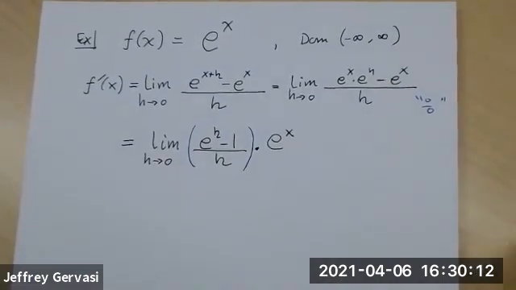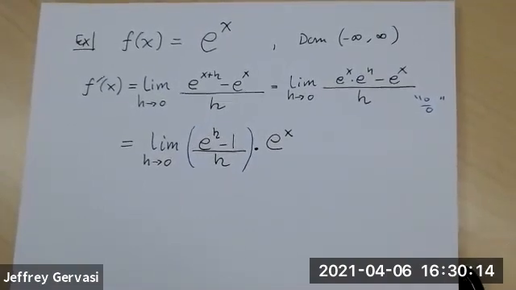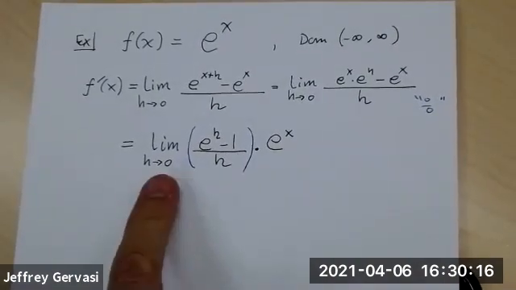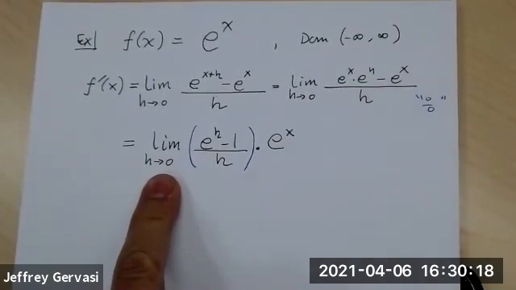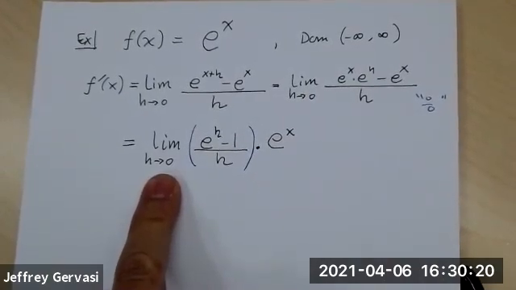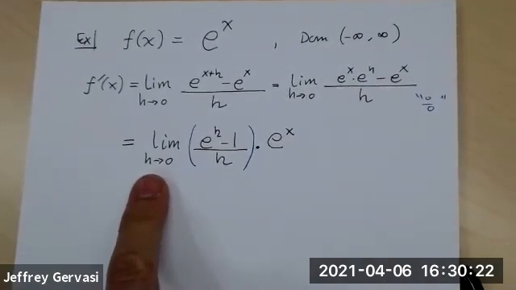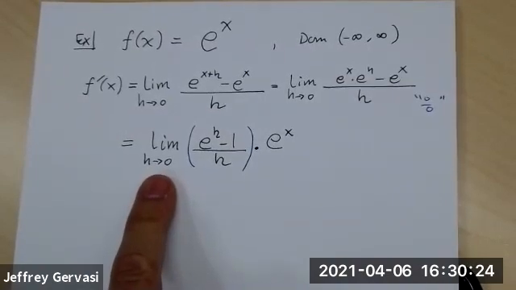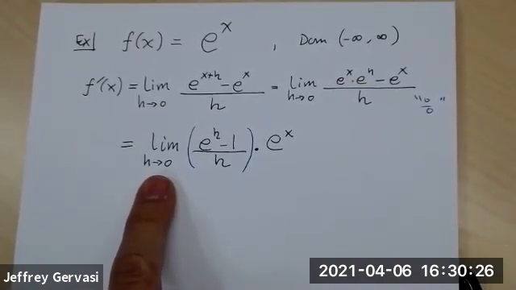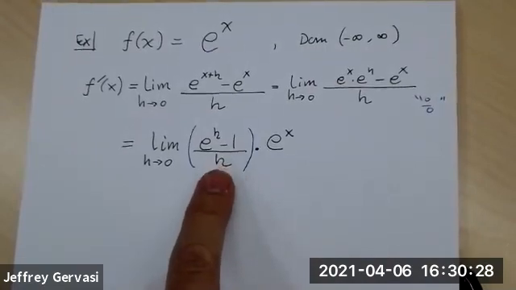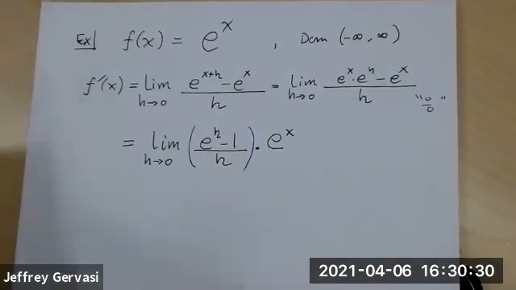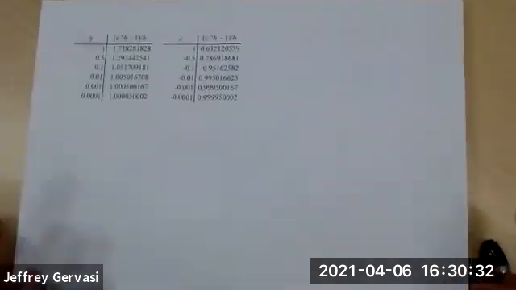One of the first ways we evaluated limits was by examining tables. This is a two-sided limit, so I made two tables of values for just the expression in the parentheses: one where h approaches 0 from the left-hand side, and one where h approaches 0 from the right-hand side. Look what I found, gang.